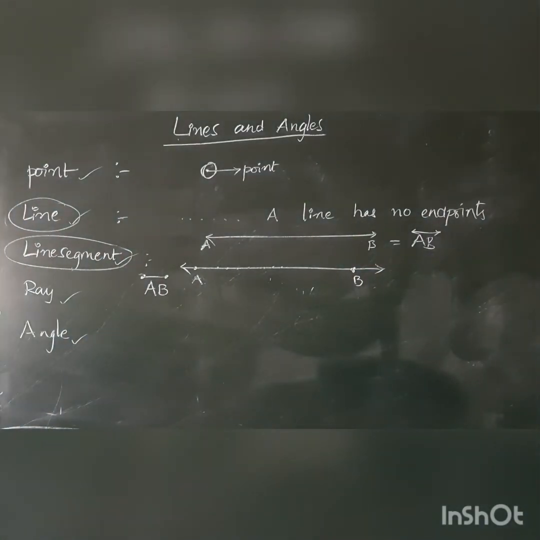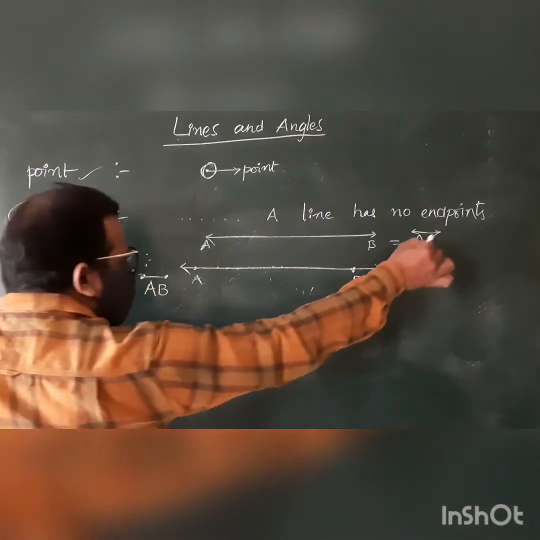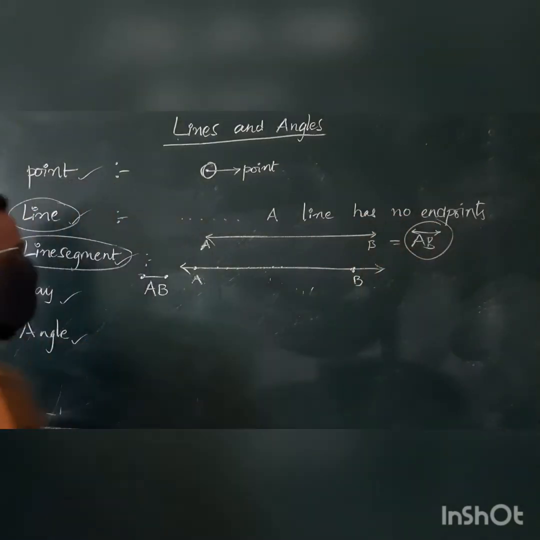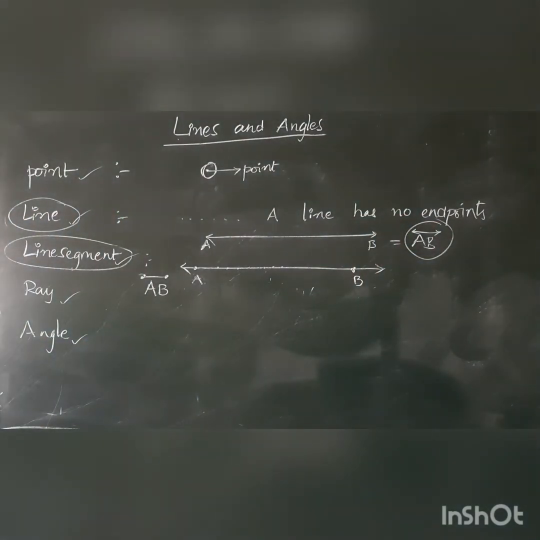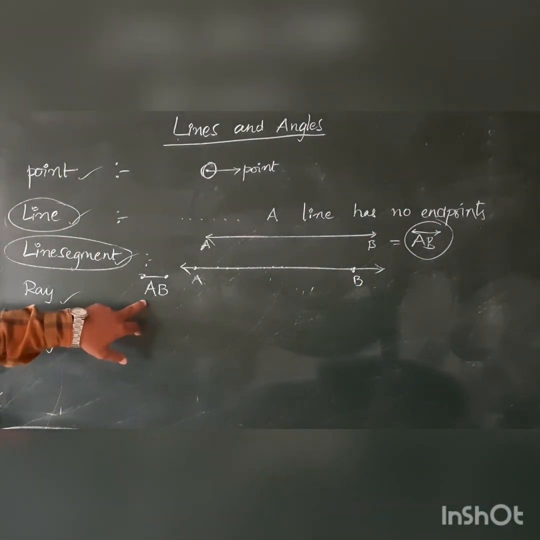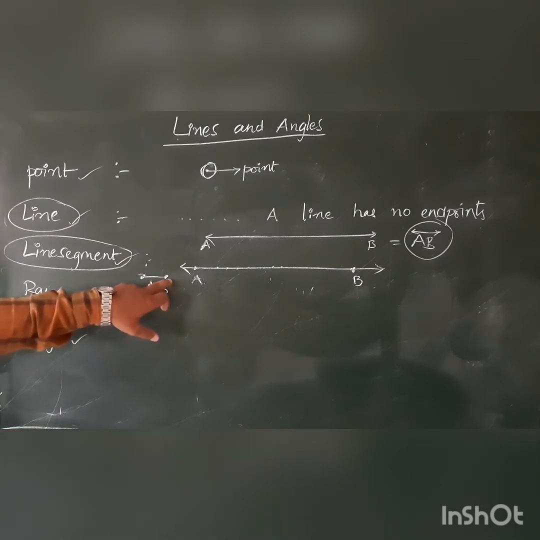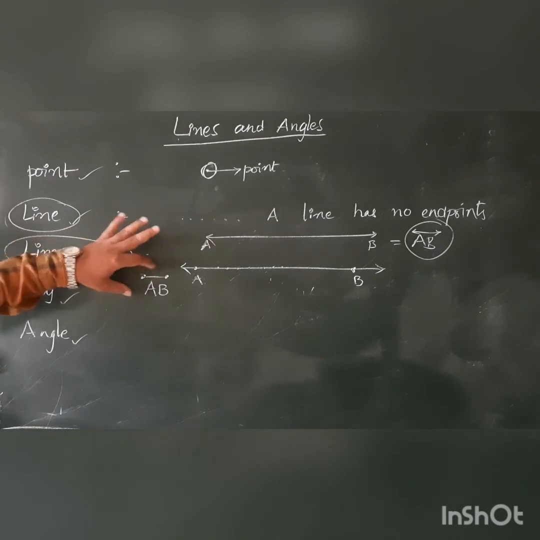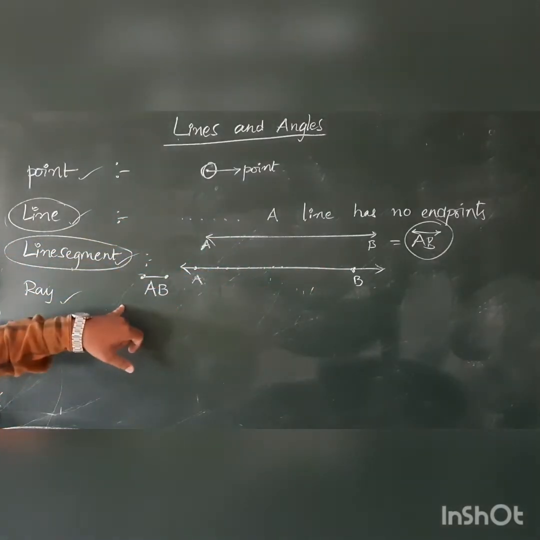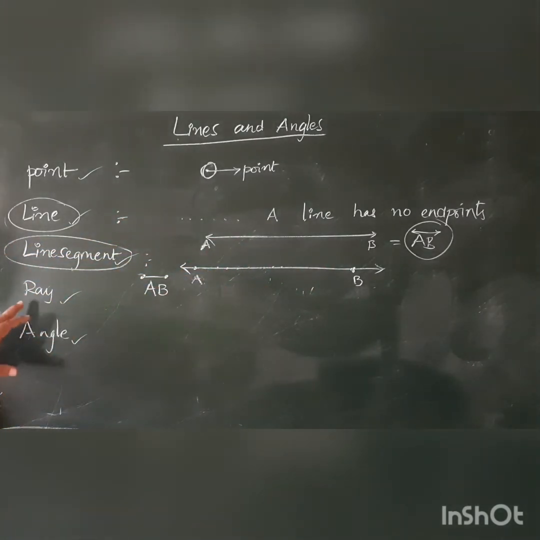One arrow indicates extension of points that side, and one arrow indicates extension of points this side. That means there is no end point. So a line can be represented with AB with a line at the top, and this is the representation of line segment AB with two end points. So by seeing this, we can say what is the line and what is the line segment.